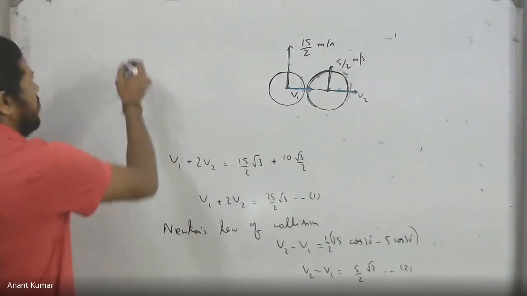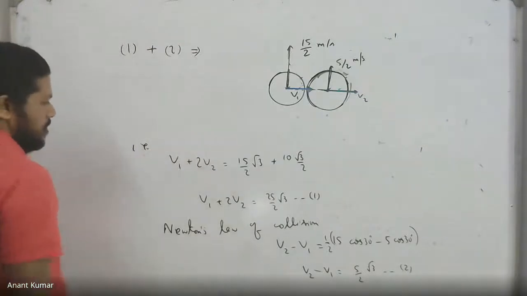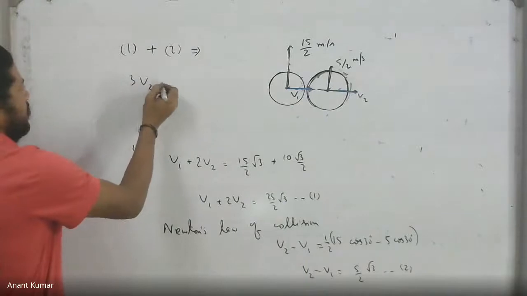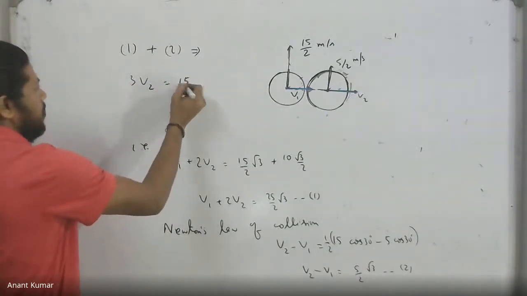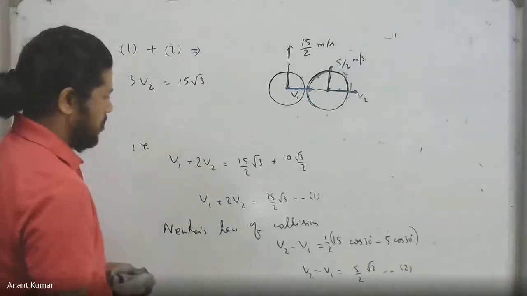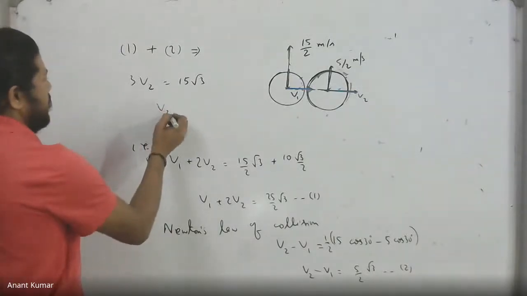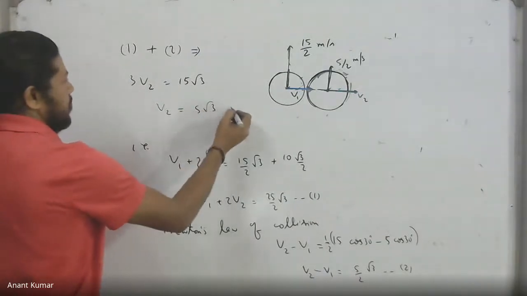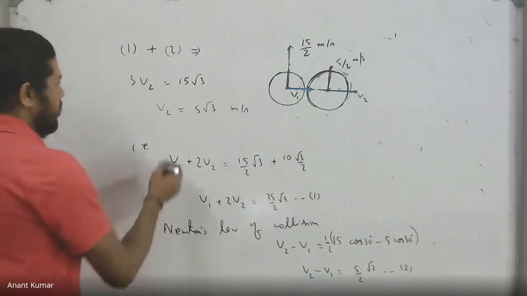Adding 1 and 2, 3V2 equals 30 by 2 root 3, which is 15 root 3. Yeah, that implies V2 is turning out to be 5 root 3. Okay, that is what you have said in there. Wait here for a second. And therefore V1 can be calculated.